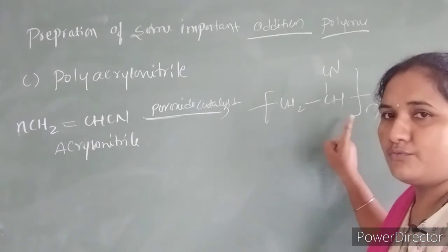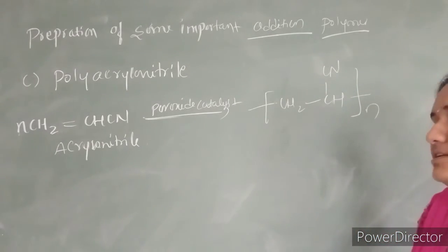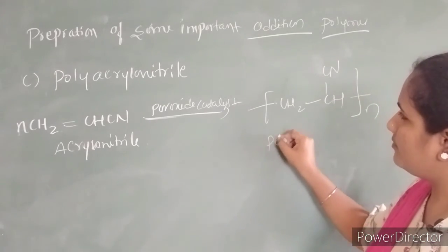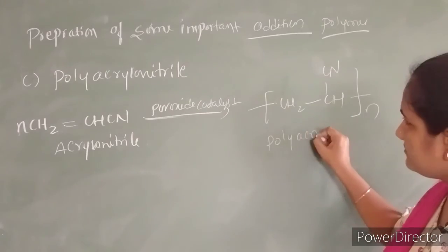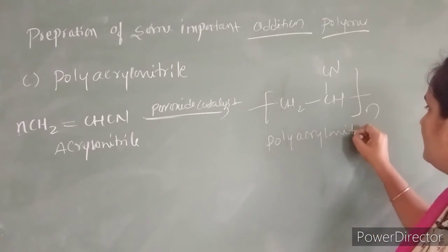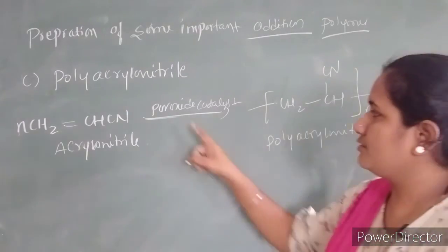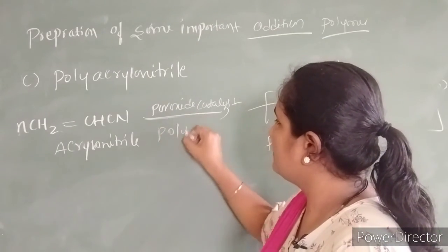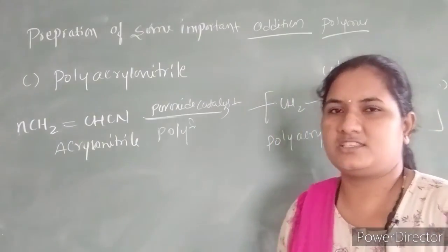When n number of these molecules are added together, it gives the polyacrylonitrile polymer, through polymerization in presence of a peroxide catalyst.